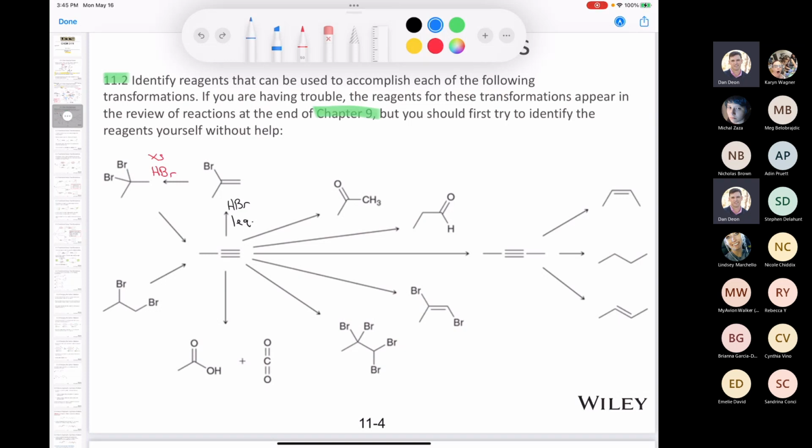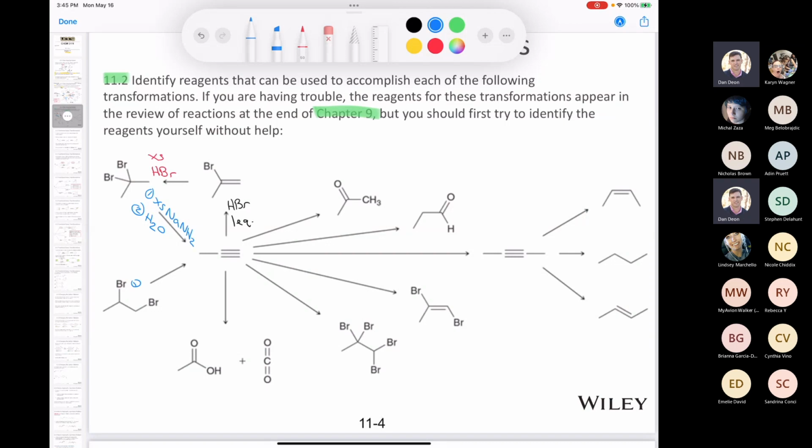So we'll put here 1, excess NaNH2, which does the double elimination. However, once that is done, you end up with an alkynide, and it needs to be protonated. In order to protonate that alkynide, we put in some water, which serves as an acid. It's not a strong acid, but it's strong enough to protonate an alkynide, which is a relatively strong base.